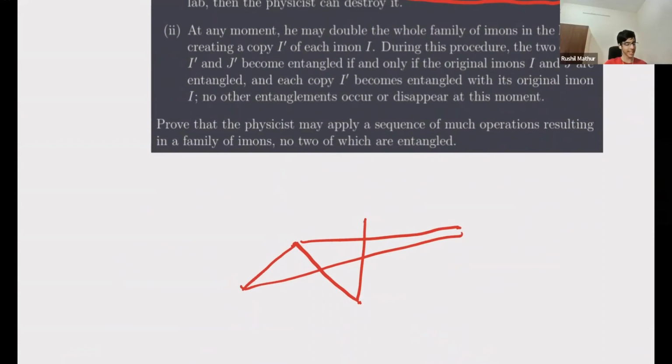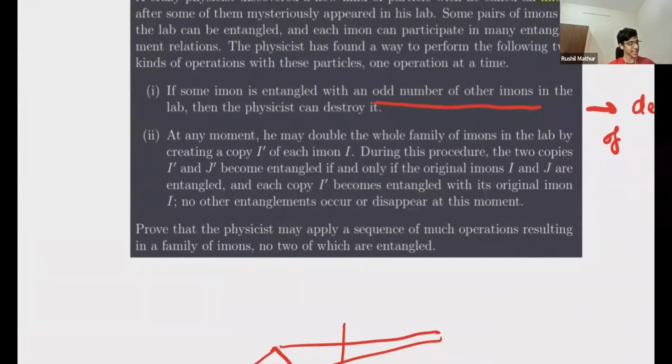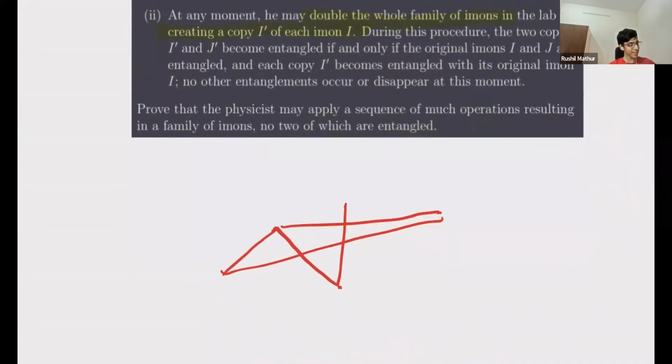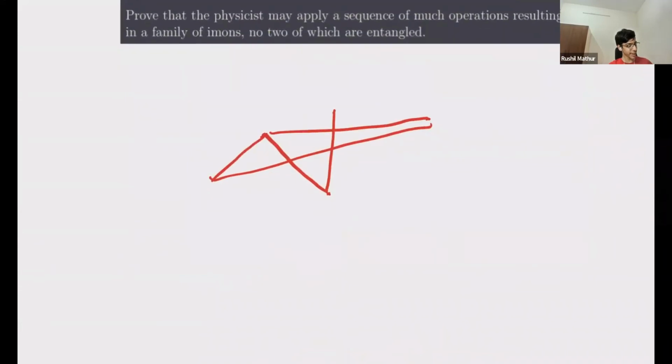One person lesser to worry about. Problem is that at some point, maybe what will happen is everyone has even degree and you can't do this. So for that case, there is this other operation where he may double the whole family of imines in the lab by creating a copy. So essentially, I'm going to take all of these, copy it and paste it.